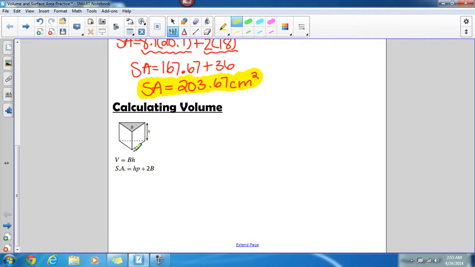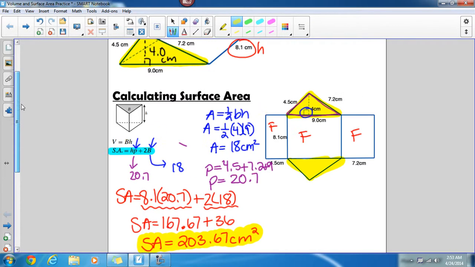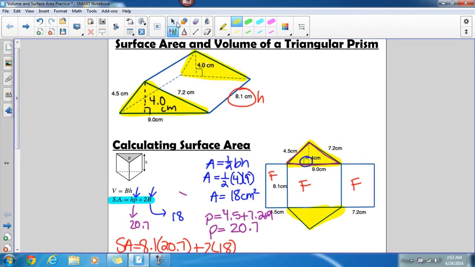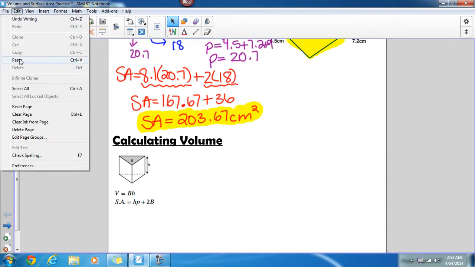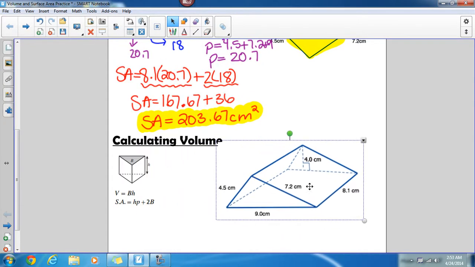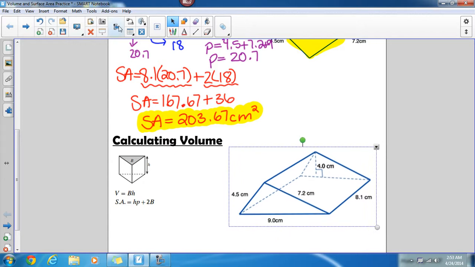Now if I'm asking you for the volume of that same shape, hold on, I'm realizing I should probably copy this image real quick. Let me copy this fast and drop it down at the bottom. Sorry guys, you have to bear with me for a second. Again, it's the same shape still.